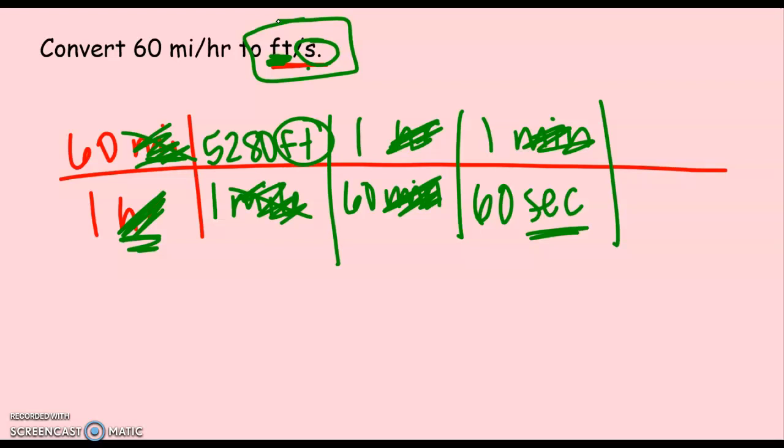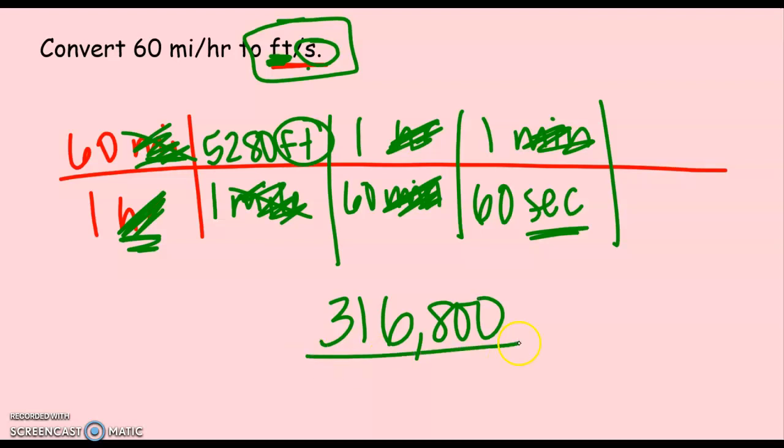So I'm going to take 60 times 5,280. I'm going to get 316,800. And then I'm going to take 60 times 60, which is going to give me 3,600. Now that's a really big fraction, and what I want to find is a unit rate. So basically, I'm just going to divide the two.